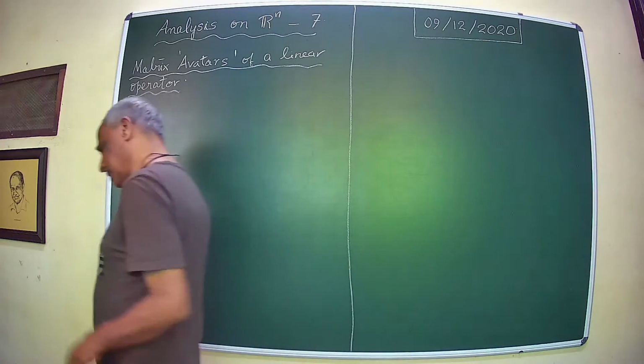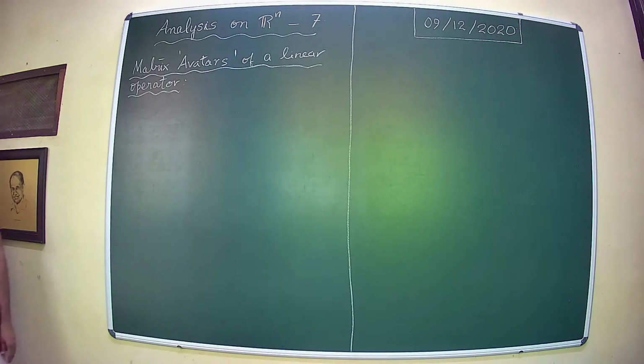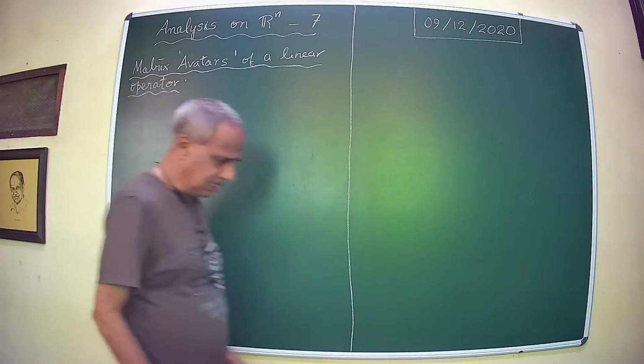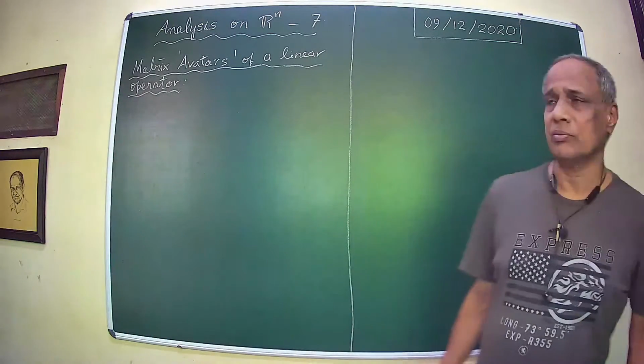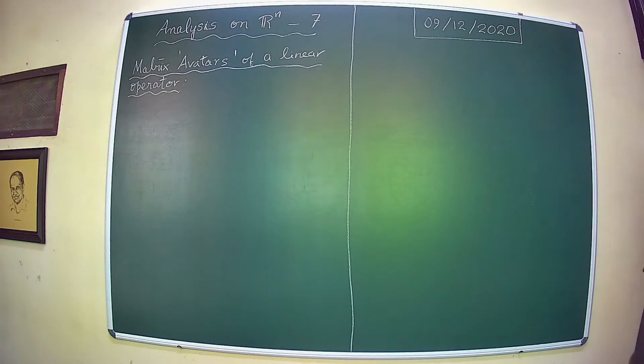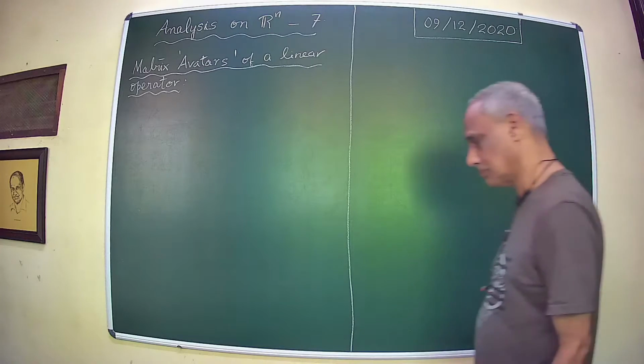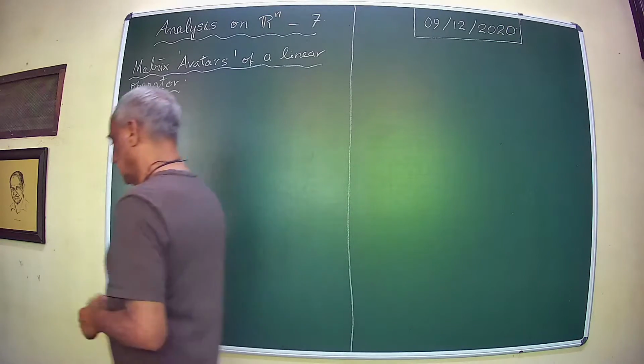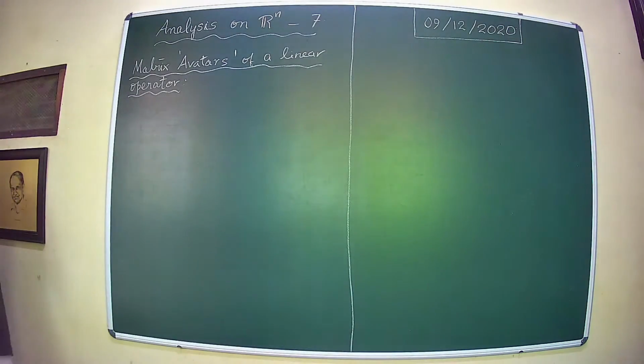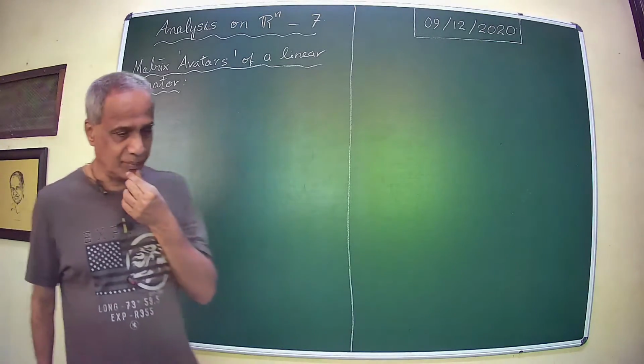Now we are interested only in Rn for the time being, because our eventual objective is to talk about functions defined from Rn to Rn. Okay, but let us explore this a bit.